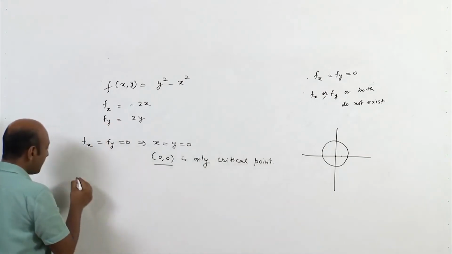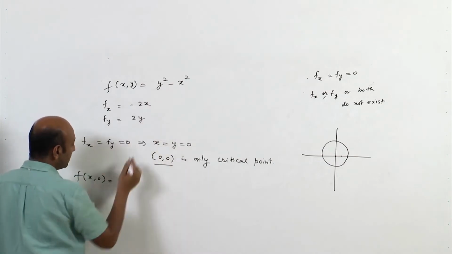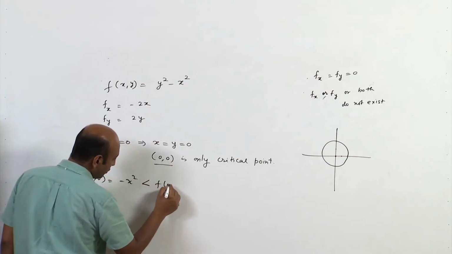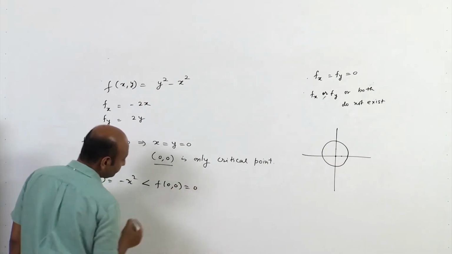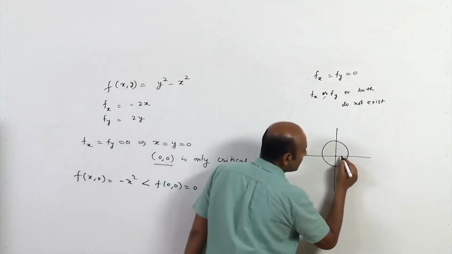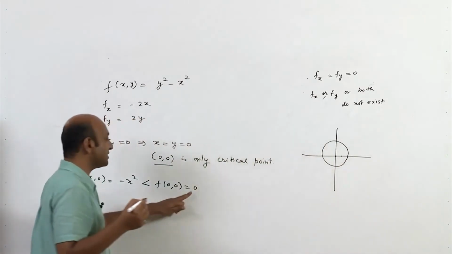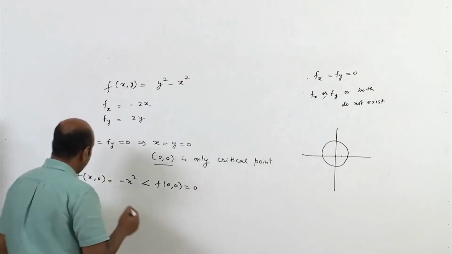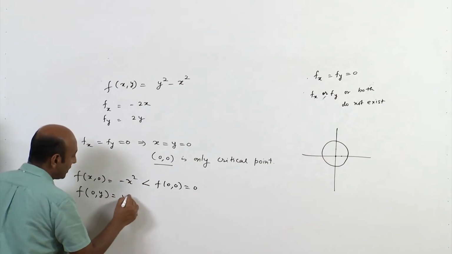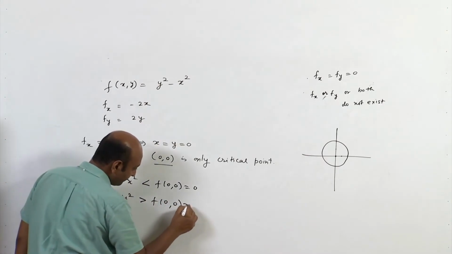So, f at (x,0) will be, for this function, minus x square, which is always less than f(0,0), which is 0. And if you take a point on the y axis, it is (0,y), which gives y square here, and it is always greater than f(0,0), which is 0.